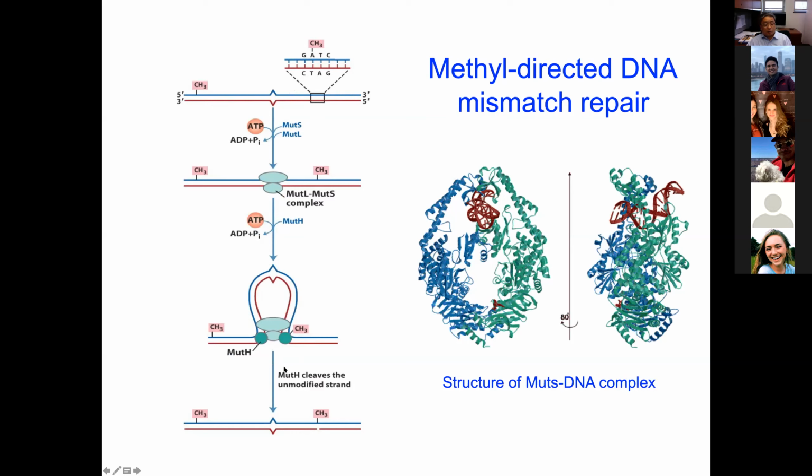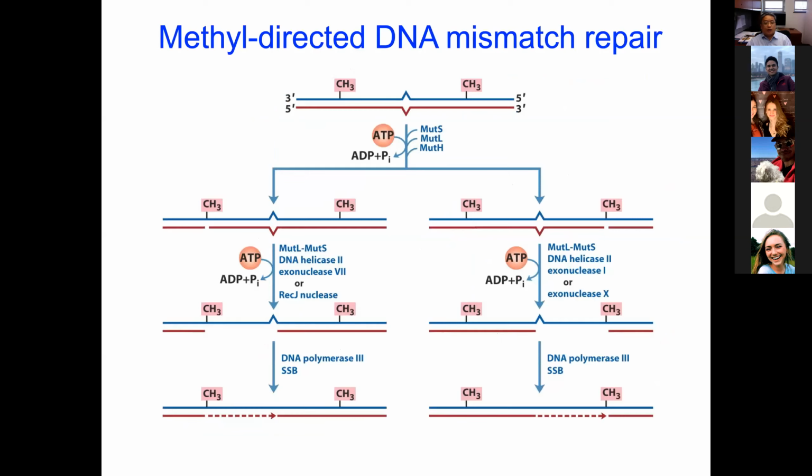This is a nuclease, and it will cut the newly synthesized strand of DNA at this unmodified GATC sequence. So once that cleavage happens, the cell has a new helicase and nuclease, which can come in and remove a stretch of DNA.